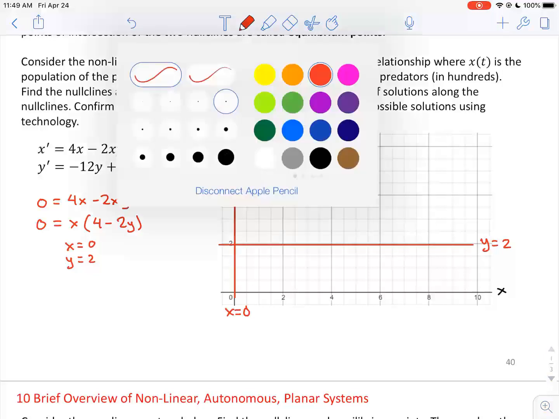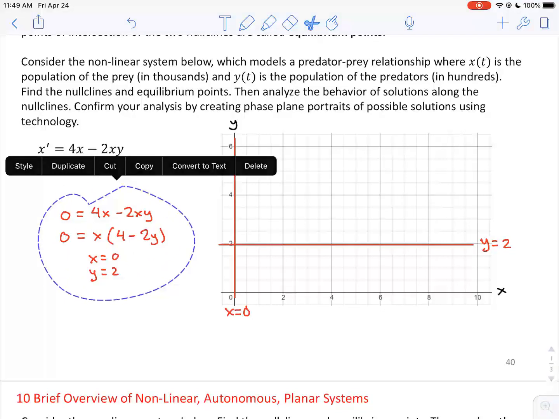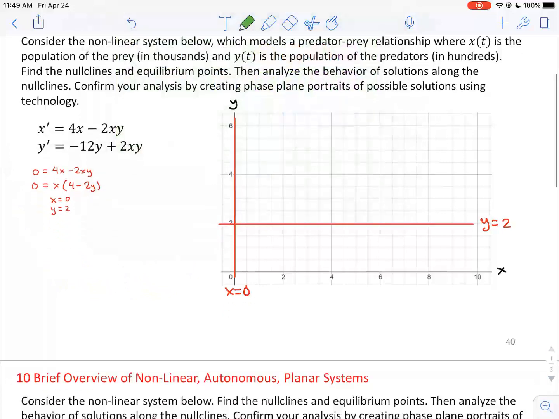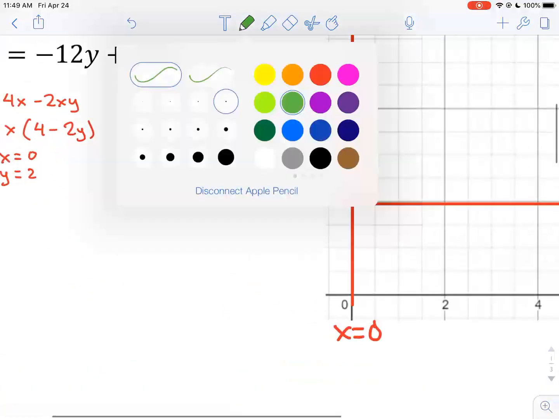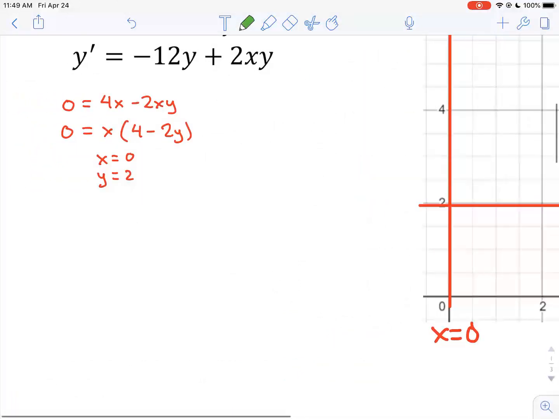Now let's do the y nullcline. Okay, we're going to set y prime equal to 0 and figure out what points make that true. So 0 equals y prime. So we have negative 12y plus 2xy.